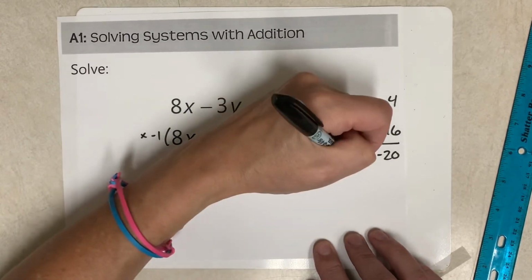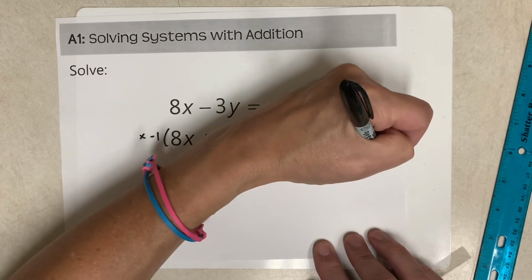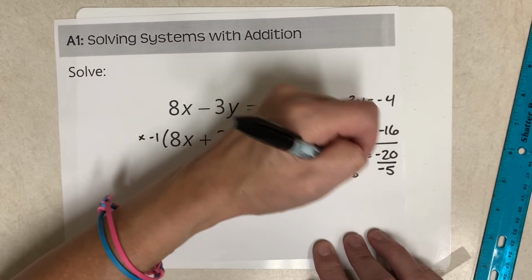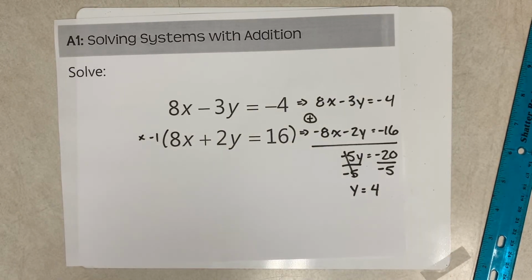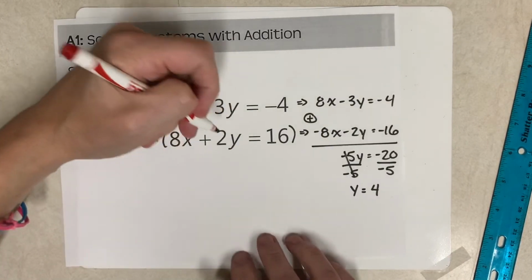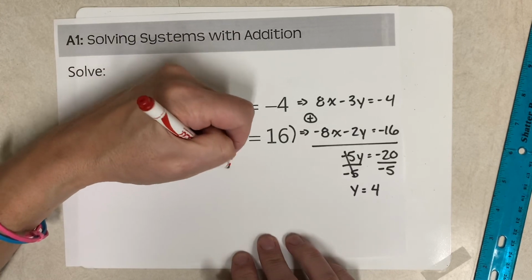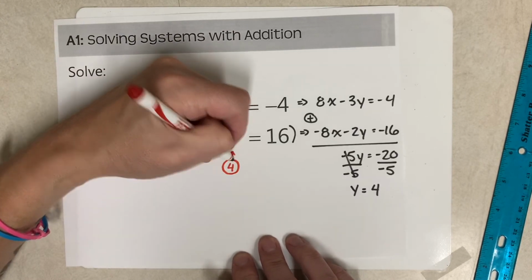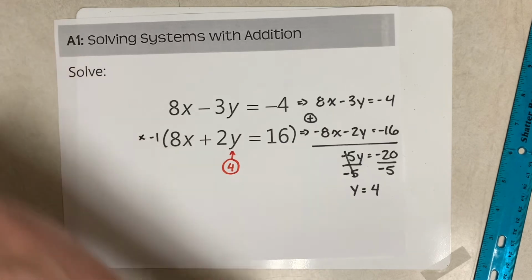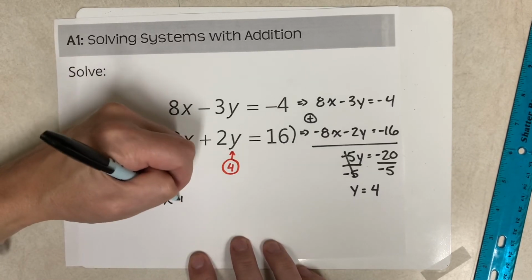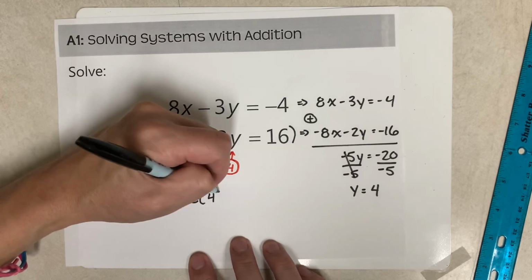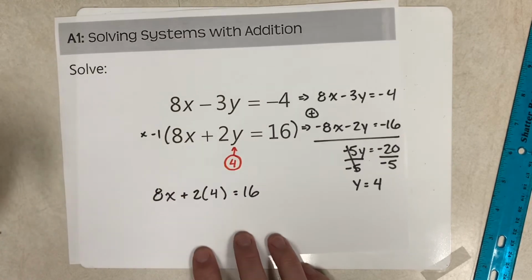Okay, divide both sides by -5, and y is equal to +4. So if y is 4, let's plug it in this bottom one here. 8x plus 2 times 4 has to equal 16.